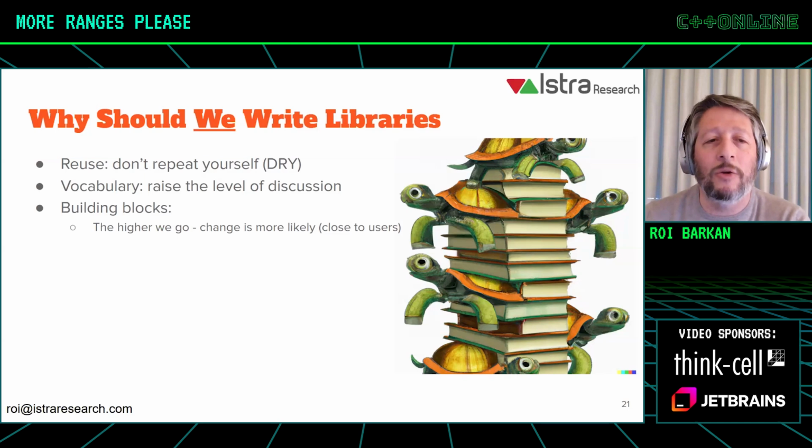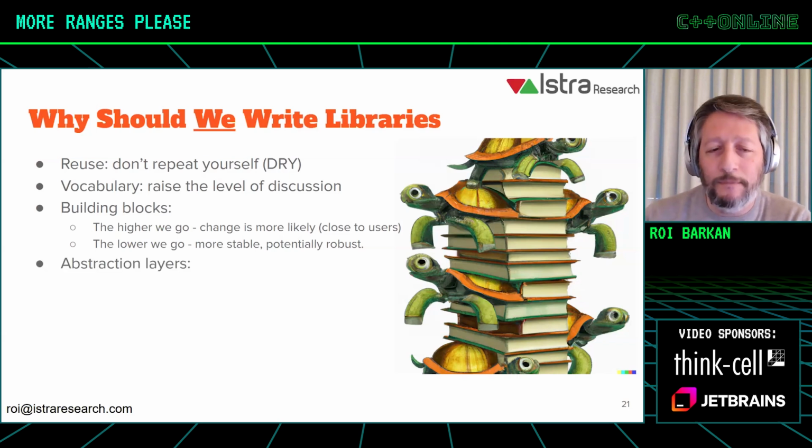And those are pieces of code where change is typically more likely. Those are pieces that are typically harder to solidify, because the customers will always have newer and different requirements. Whereas when we go lower, we can reach a much stronger level of stability and have the potential to be much more robust.